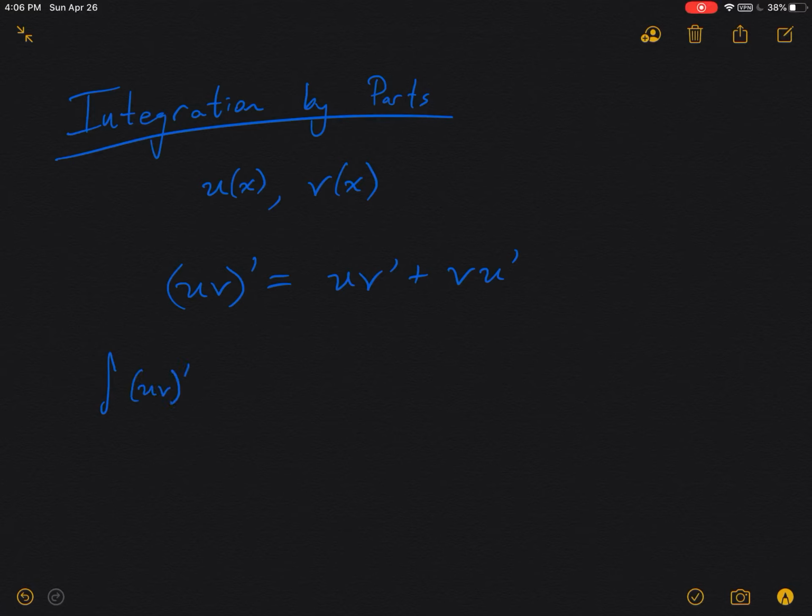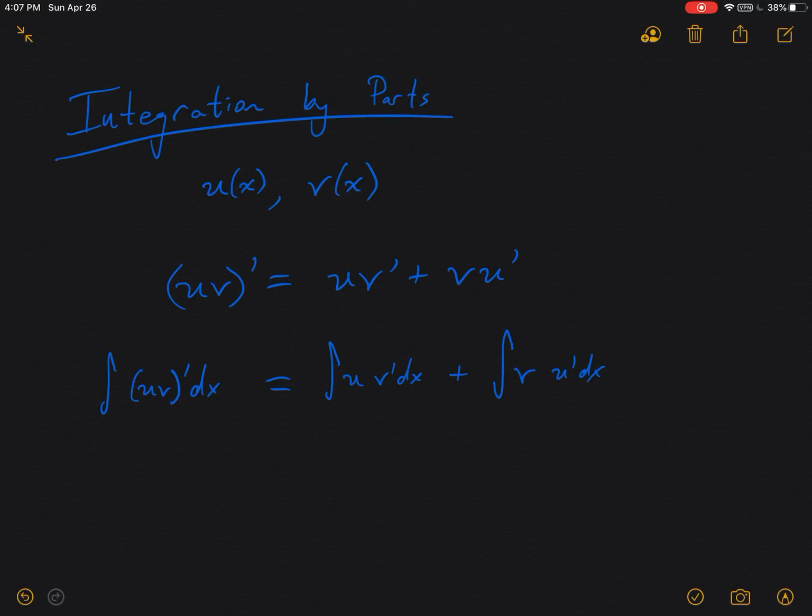So I would have the integral of a derivative, and that's equal to the integral of u times v prime dx plus the integral of v times u prime dx. So here I'm just integrating both sides of the above line with respect to x.